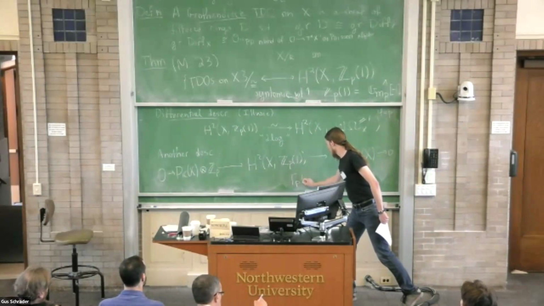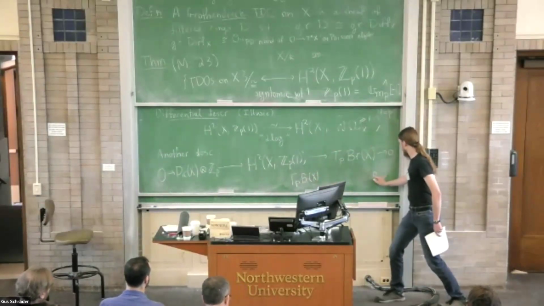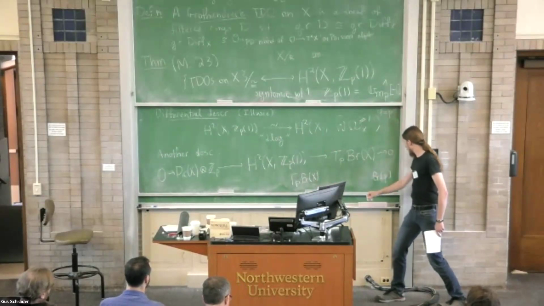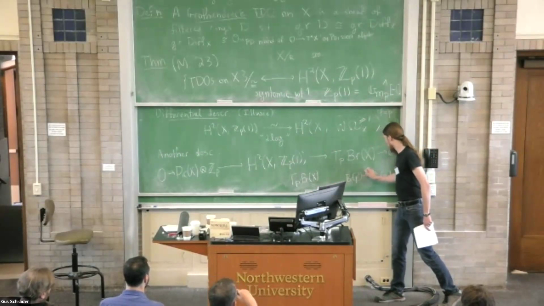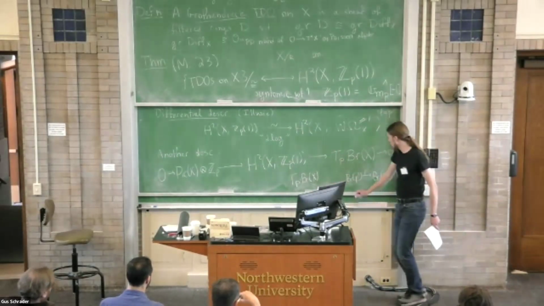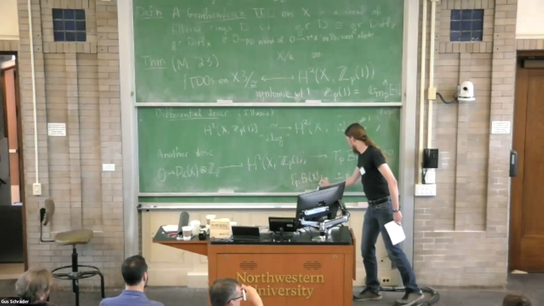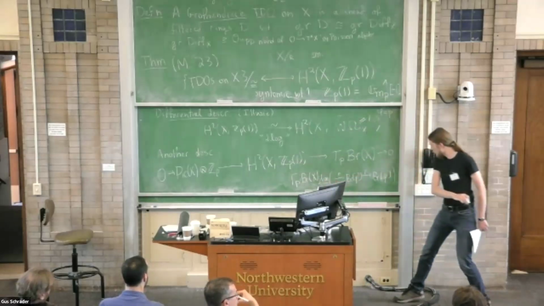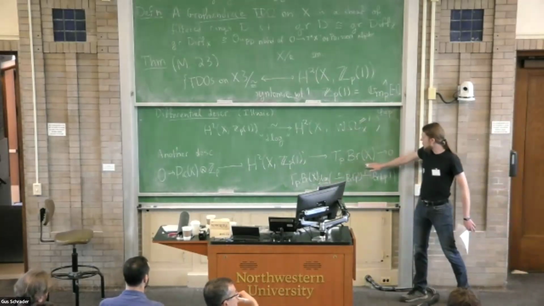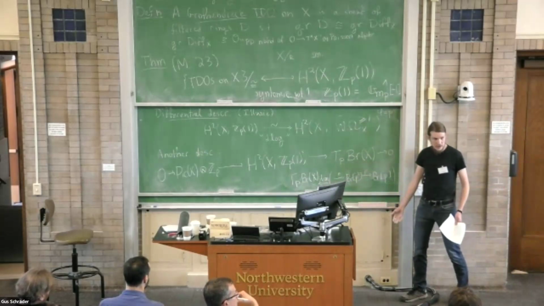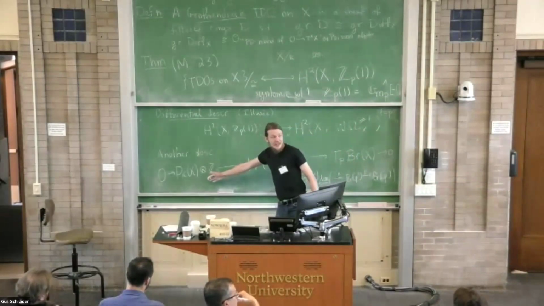I start with Brauer classes of order p, I map onto it from Brauer classes of order p squared by multiplication by p, and I can make this tower, and I take the limit, that's the Tate module. So an element here is a collection of p-power order Brauer classes. And over here I just have usual line bundles, but I can tensor with Z_p.